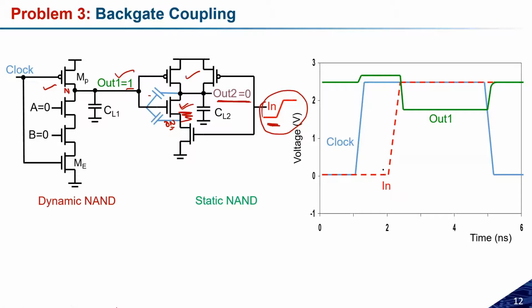During this time period, because output 1 is in the on state, and there are some internal capacitances like the source to gate capacitance and source to drain capacitance, this capacitance will get charged.